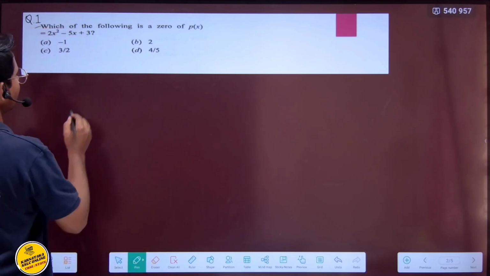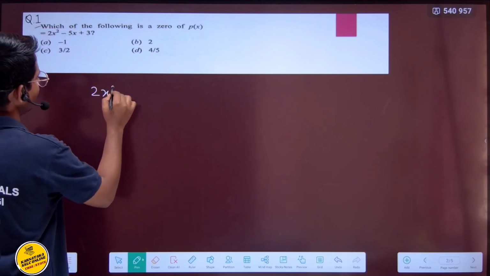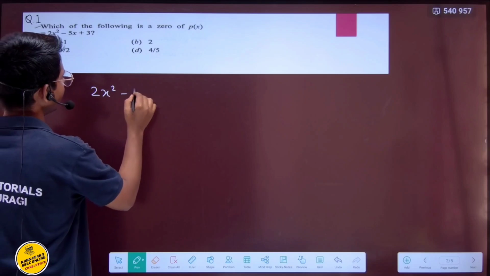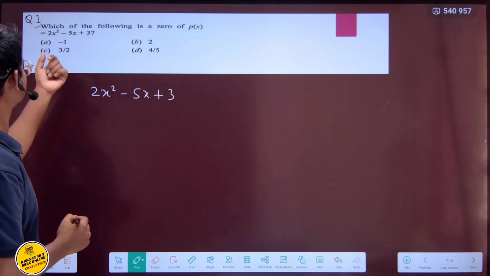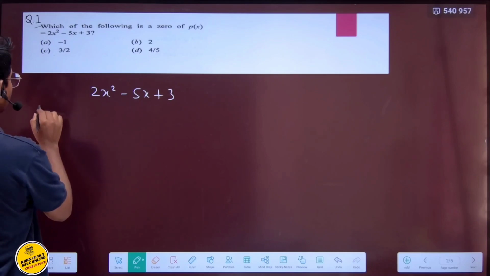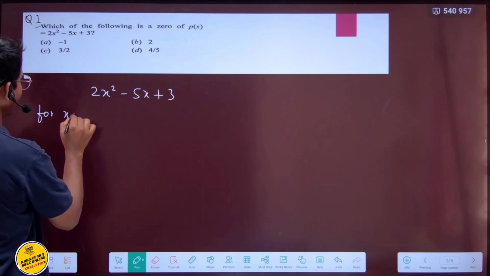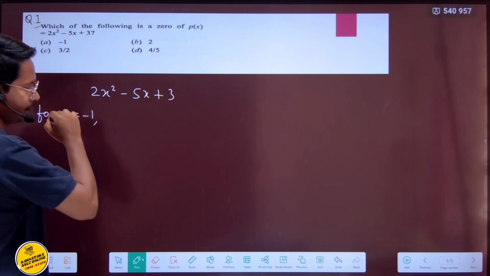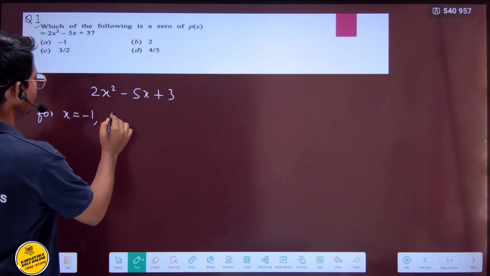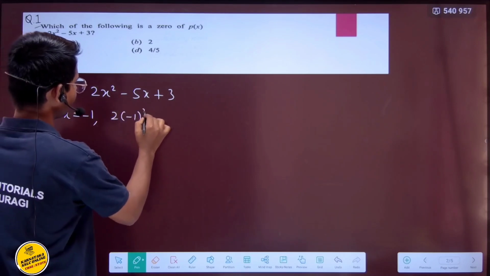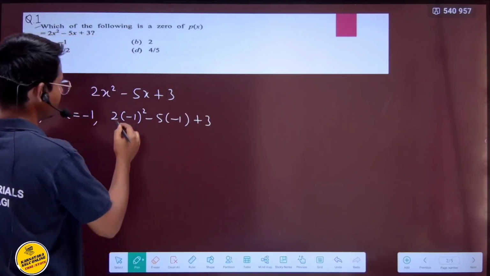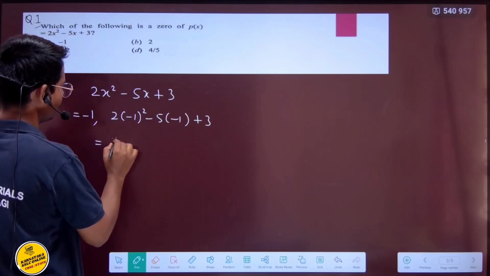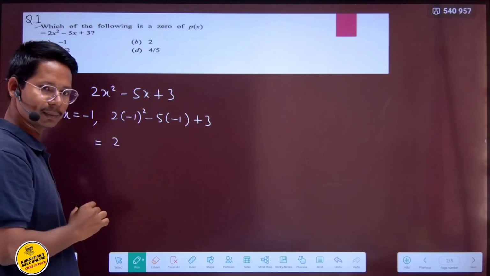So the given polynomial is 2x square minus 5x plus 3. We'll check with the first value. For x value I'll take minus 1. If I take x value minus 1, it is 2 of minus 1 square minus 5 of minus 1 plus 3. So minus 1 square is plus 1.